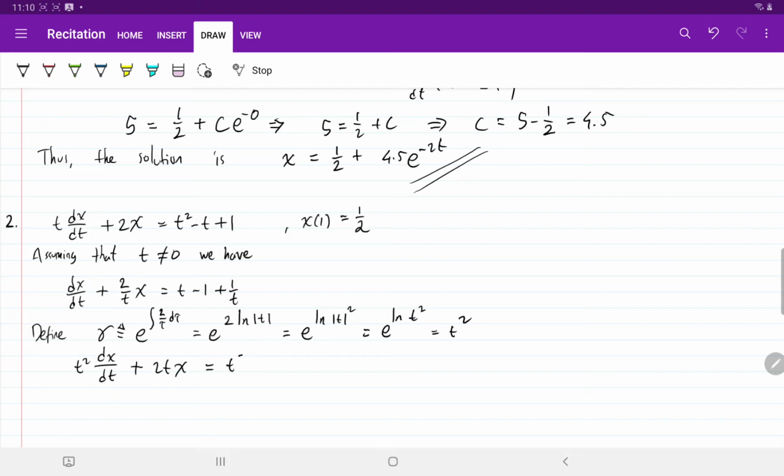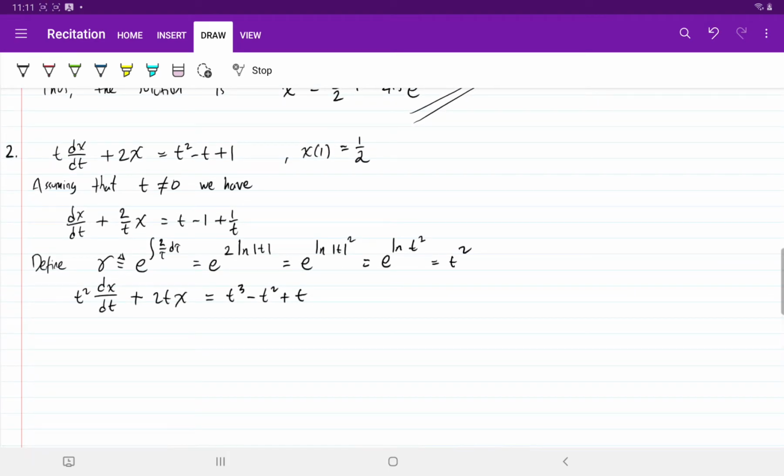So t cube minus t square plus t. So this holds still, assuming that t is not 0, because if t is 0 then the whole equation is 0, so it's meaningless. So we see that this assumption somehow makes sense.